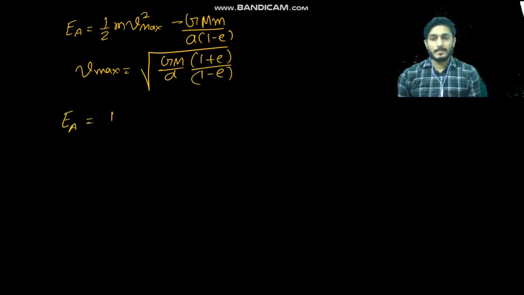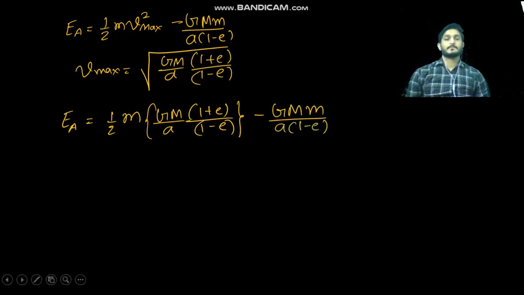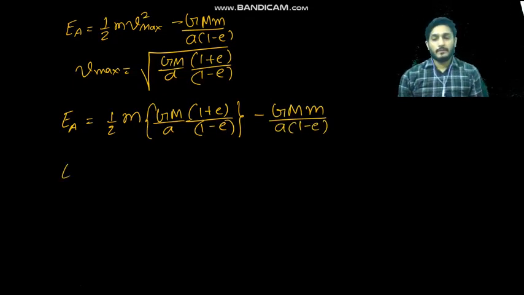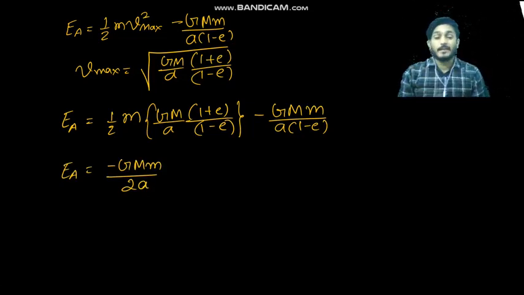So what do I get? I get energy equal to half m times GM upon a times 1 plus e upon 1 minus e, minus GMm upon a into 1 minus e. On solving this equation, I get minus GMm upon 2a. This is the total mechanical energy at aphelion. In fact, this is the total mechanical energy at any point.